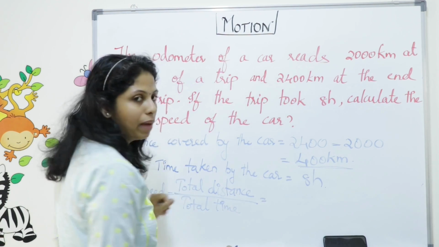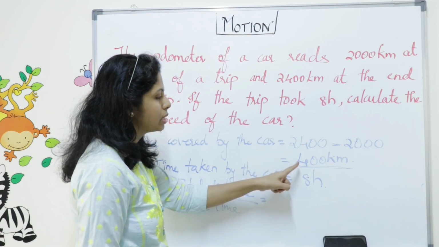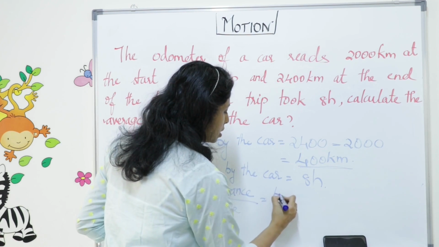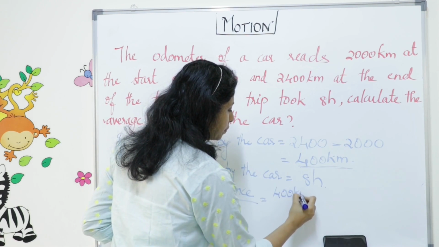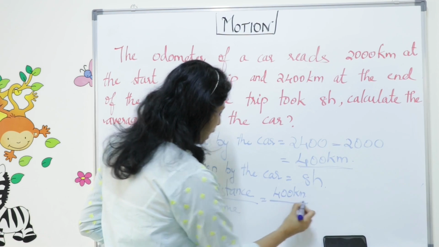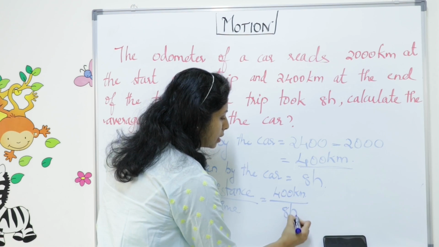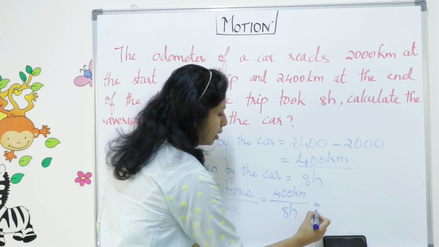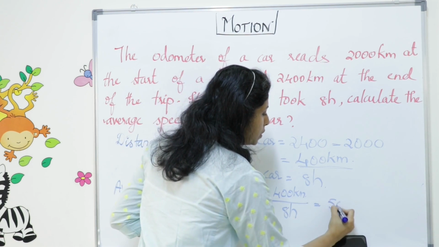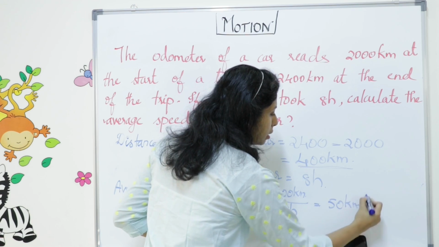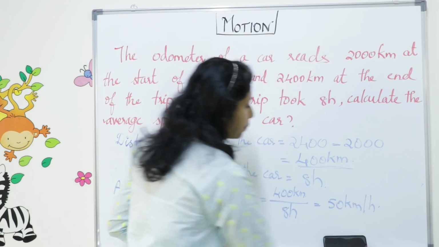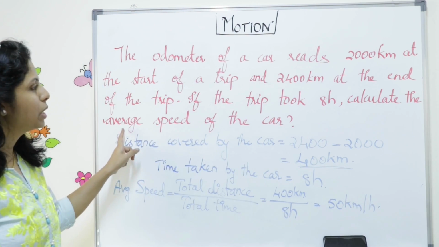So substituting the values, we get what is the total distance covered? 400 kilometers. By what is the total time taken? It is 8 hours, which is nothing but 50 kilometer per hour. So what is the average speed of the car?